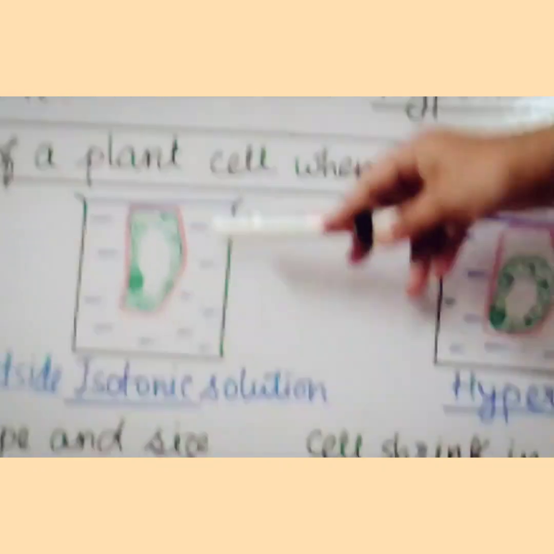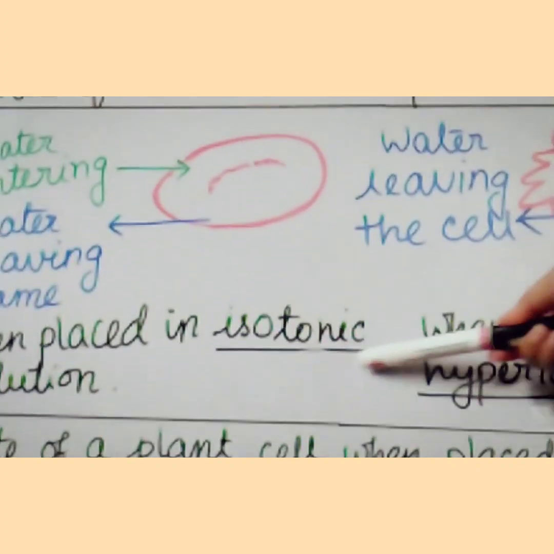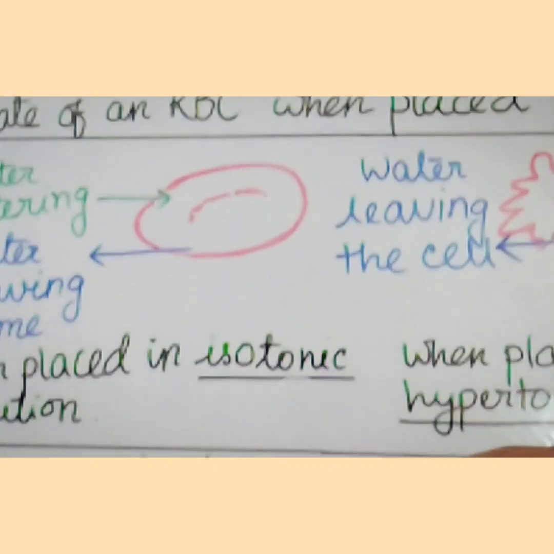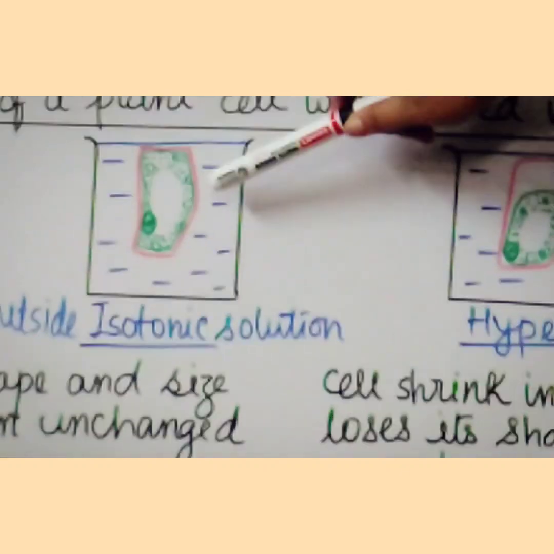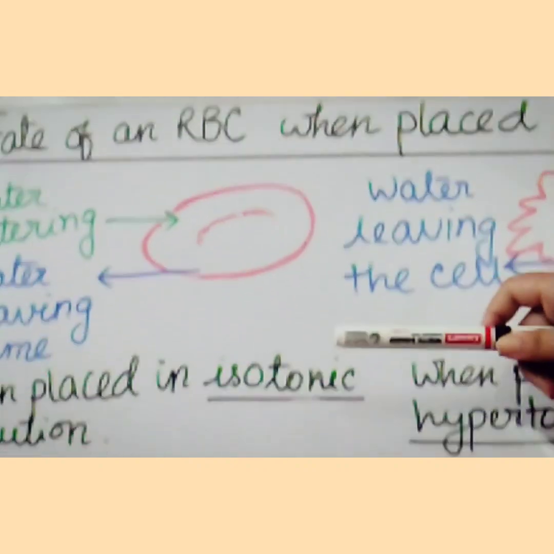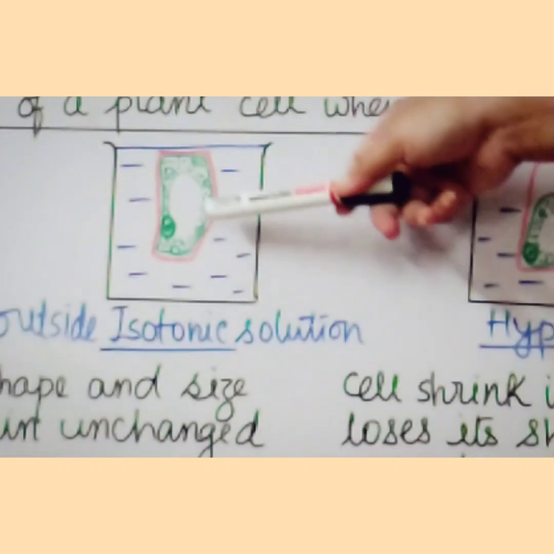So if we put an animal cell and a plant cell in isotonic solution, the solution outside the cell has the same solute concentration as inside, on both sides.